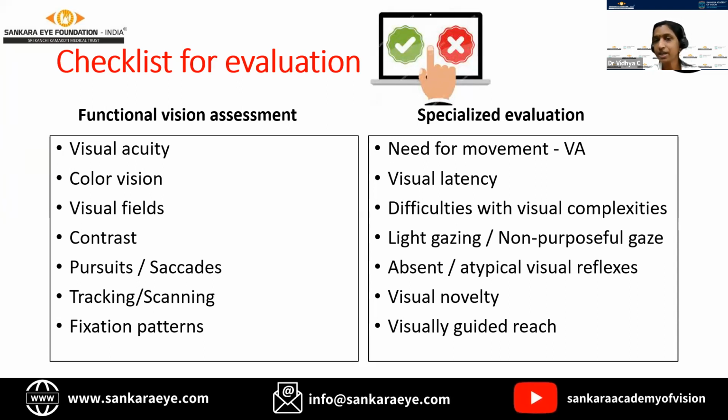Coming to the specialized evaluation: visual attention, visual latency, difficulties with visual complexity, light gazing and non-purposeful gaze, absent or atypical visual reflexes, visual novelty, and visually guided reach. All these need to be checked and the degree of involvement assessed in these children before we start with the treatment strategies.